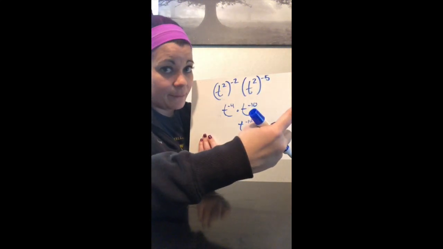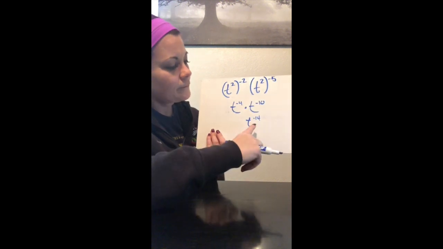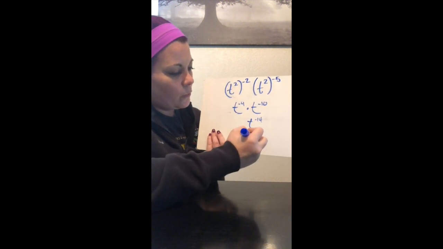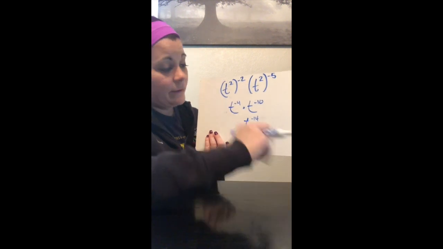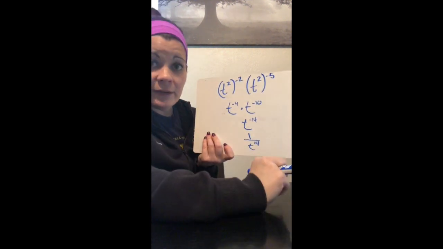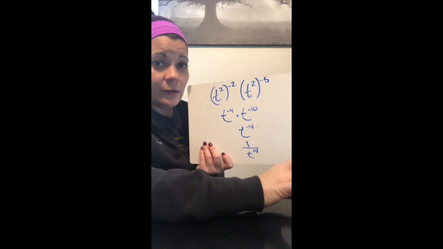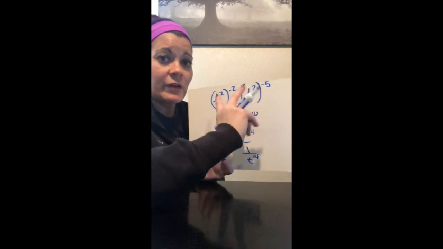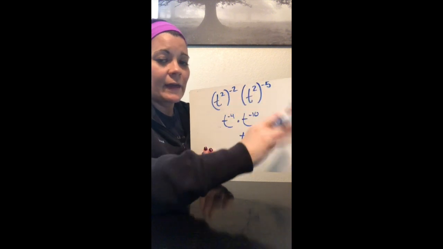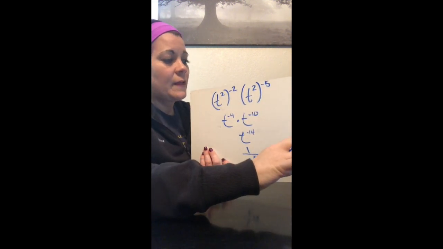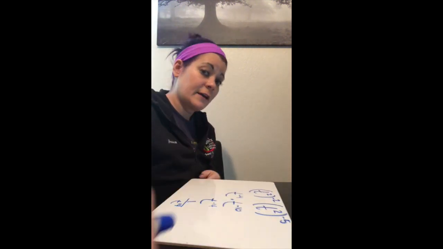And then I can simplify the negative exponent. So then I can do 1 over t to the 14, because it is a negative exponent, so I put it down on bottom. That's the easiest way to solve these problems: when you have an exponent property law, simplify it first, and then you can simplify the negative exponent.